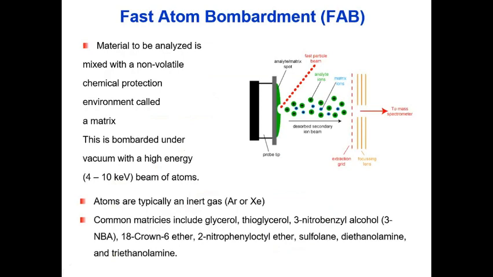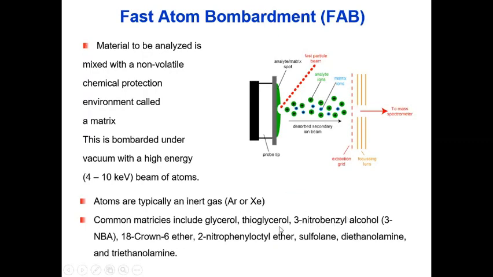Here, instead of an electron beam, we will use some neutral particles, like neutral particles of argon gas or xenon, to ionize the molecules. Before ionization, the chemical substance is mixed with a matrix like glycerol, thioglycerol, or 3-nitrobenzyl alcohol.